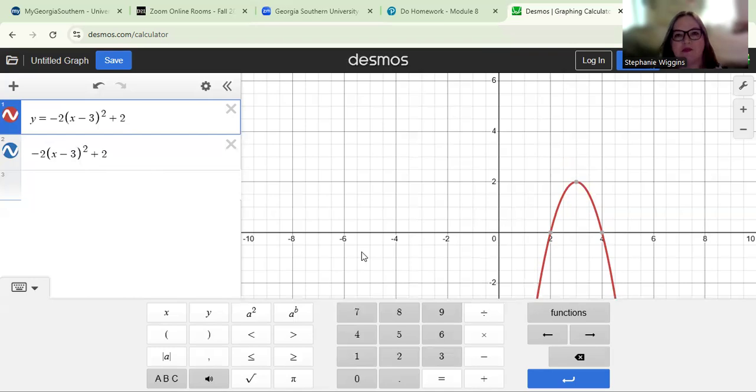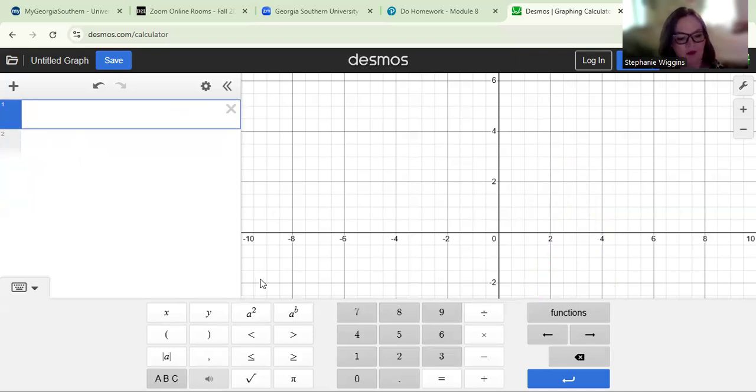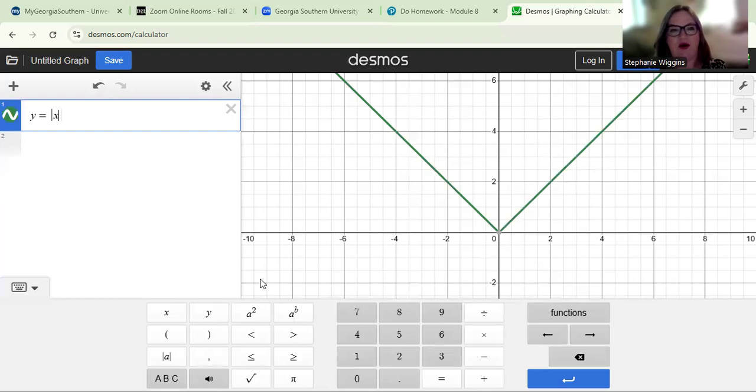Let me do another example. I'm going to get rid of these two here. And this time I want to use the basic function y equals the absolute value of x. So there we have our function. Now, one thing you'll notice: if I reflect this function across the y-axis, in other words, if I put a negative inside the function, nothing changes.